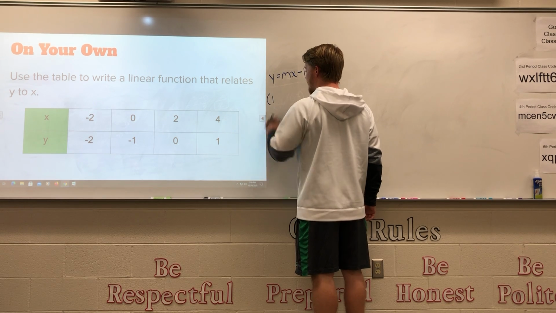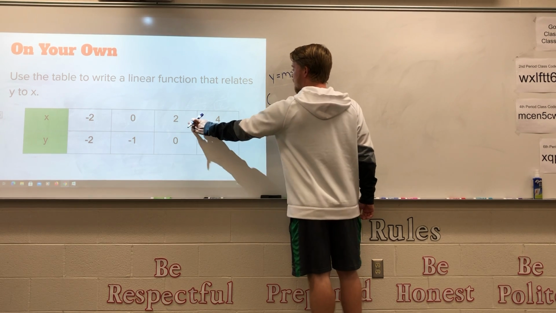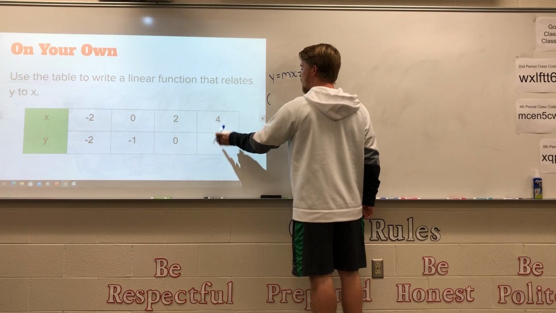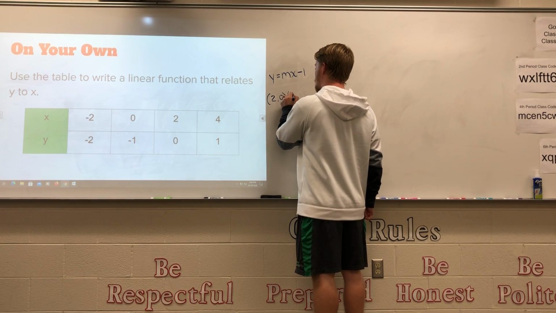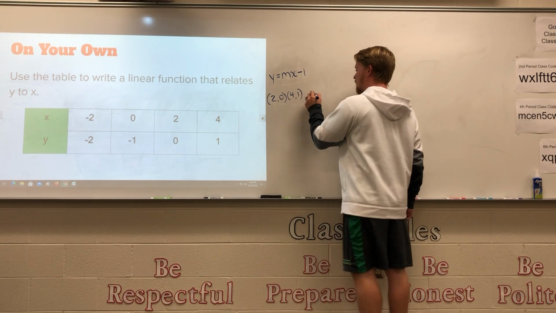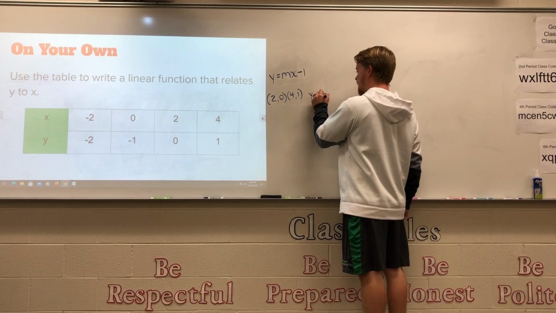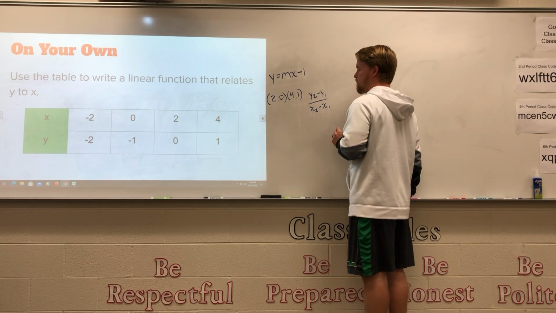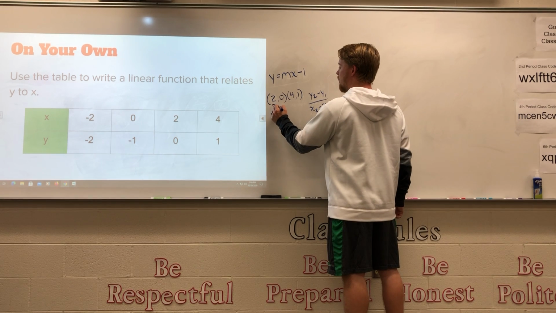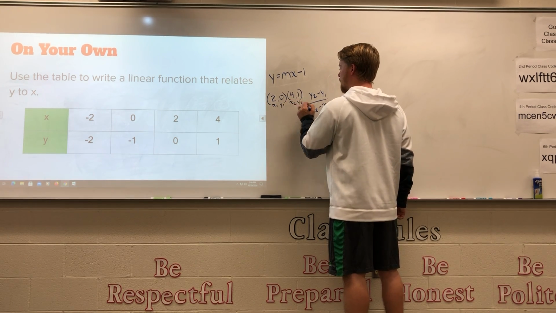After that, I need to choose 2 points to find my slope. I'll just use 2, 0, and 4, 1. And remember, y2 minus y1 over x2 minus x1. Then I label x1, y1, x2, y2.